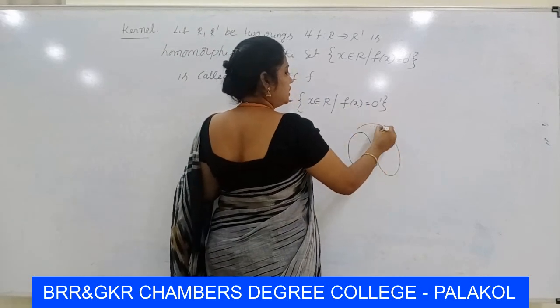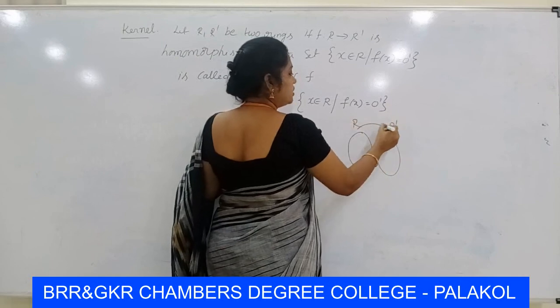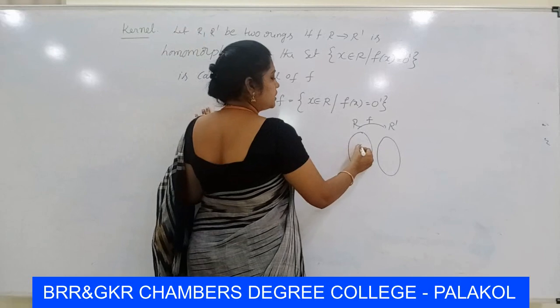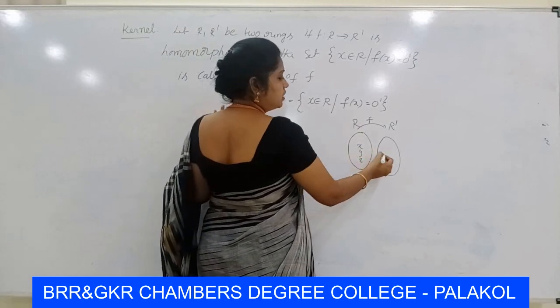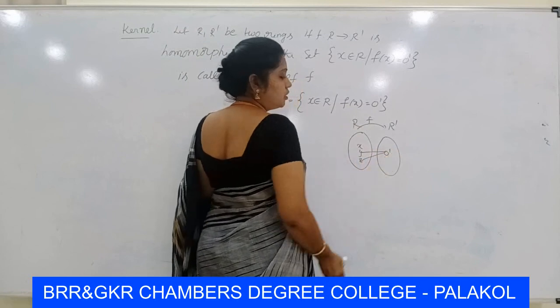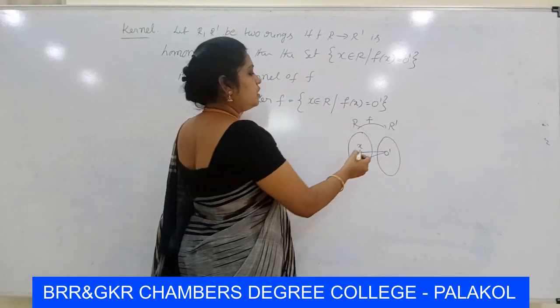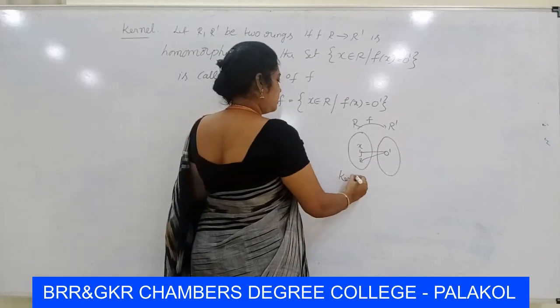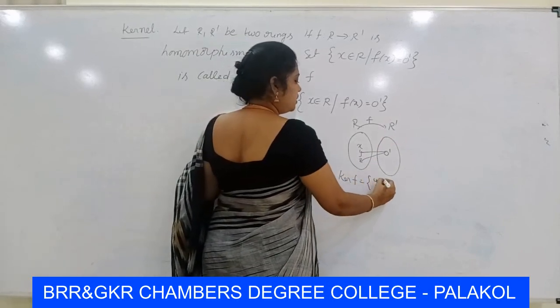If we take two sets R, R dash, F is a mapping. We take x, y, z elements in R, 0 dash is the zero element, and y and z are associated to the zero element of the ring R dash, then kernel F is only y, z.